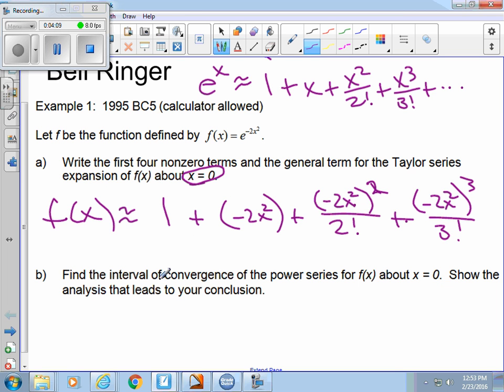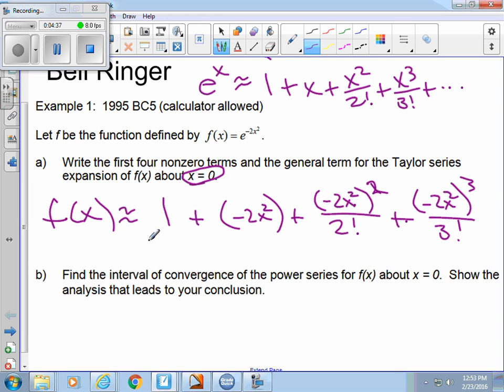Any questions so far? No, I haven't done the general term yet. So this is the first 4 non-zero terms. Okay, let's talk about the general term. The general term is the thing that has the n's in it, right?